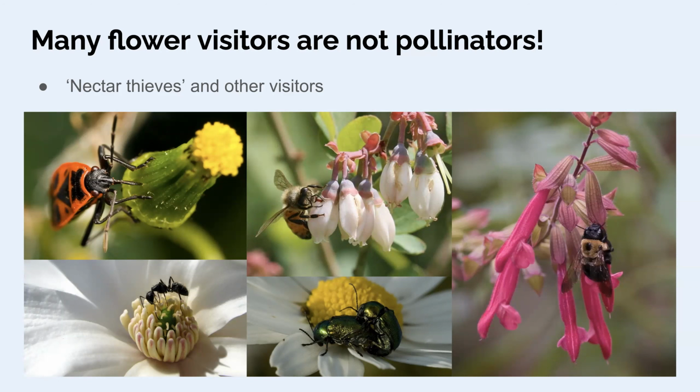So ant behavior is a little more out and back. As far as foraging, this ant might come, lap up some nectar, and then return to its colony. Whereas bees, what we think of as the more typical foragers, have a behavior of visiting flowers over and over again through a rather involved set of visits. So it could be that you get a one-time visitor that's not going to transfer pollen to another plant.